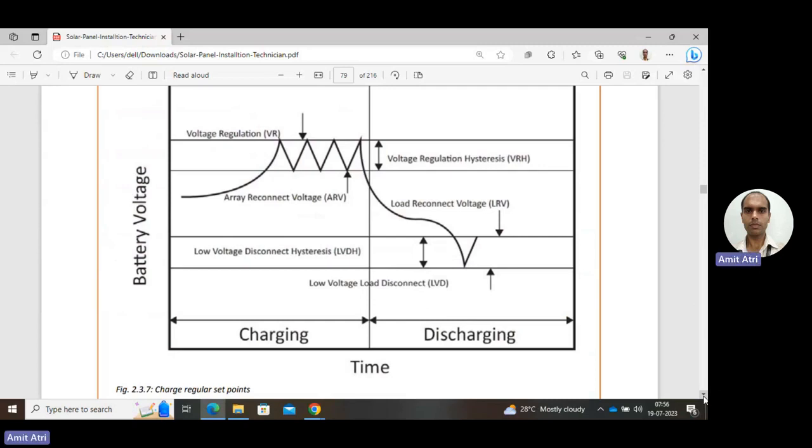Between this minimum level and the reconnect value, there is a low voltage disconnect hysteresis. So they are not the same sharp limit. At the minimum voltage level, the load will not be reconnected until the voltage increases up to LRV, load reconnect voltage. So this shows the hysteresis.